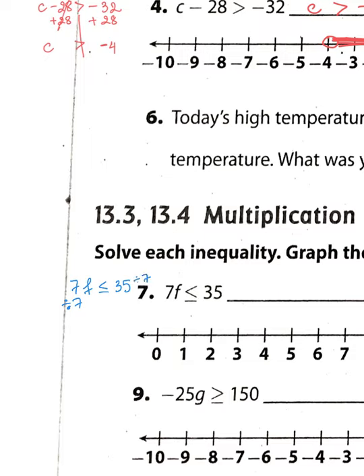So 7 divided by 7, I'm left with 1f less than or equal to 5. So f less than or equal to 5. Shade less than or equal to, so it will be 4, 3, 2, 1, 0, negative 1, and so on.